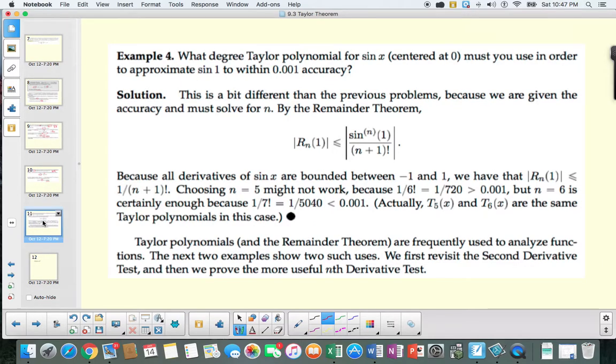Okay, another way that we use the Taylor theorem is to take a look at how many terms we need when we set an accuracy level. Say you have to be within 1/1000th. And so again, we don't know the degree that we have to use, so we have to use n.